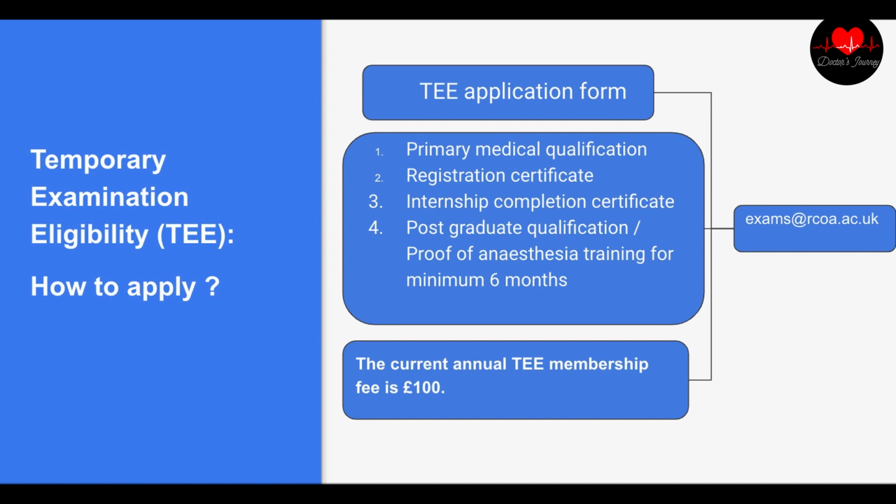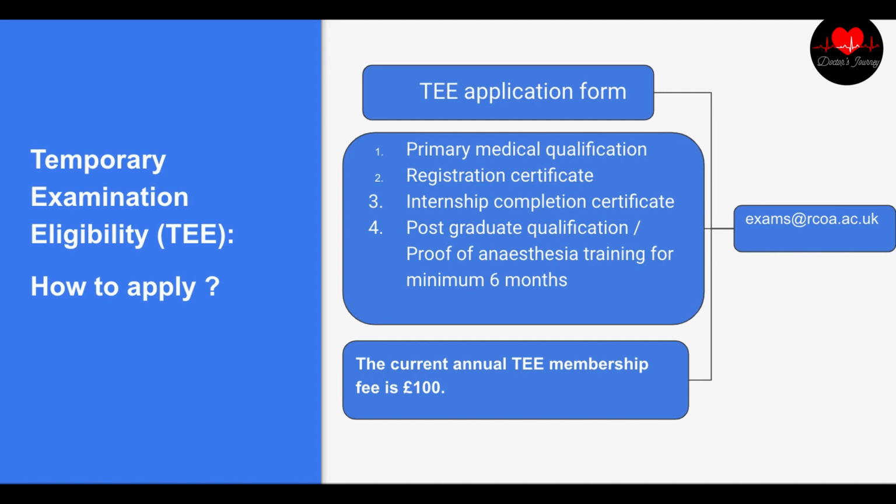Together with the TEE application form and these 4 requirements, if you mail these to exams@rcoa.ac.uk, it takes a minimum of 2 to 3 months for them to reply, and they will reply to your application form saying whether you have got the temporary examination eligibility or not.